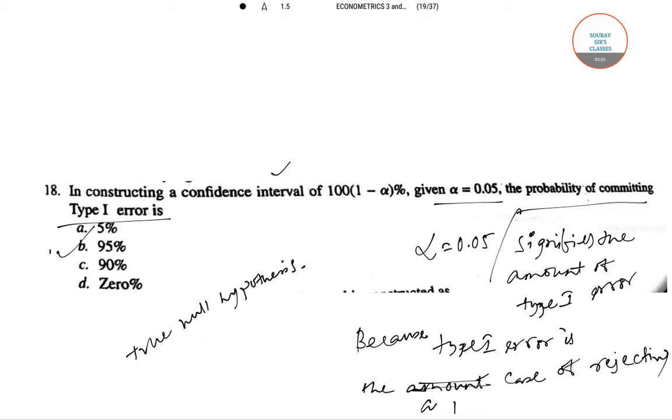Therefore, the type 1 error is 5% and option A is the correct answer.